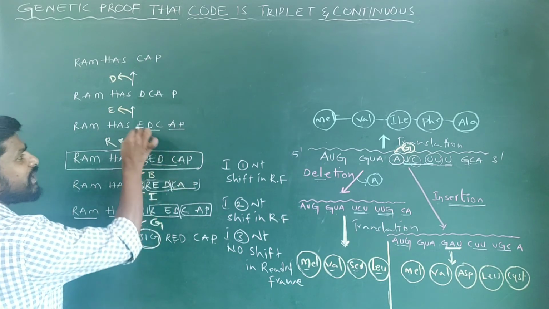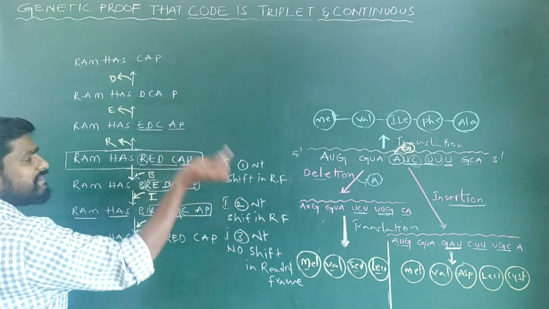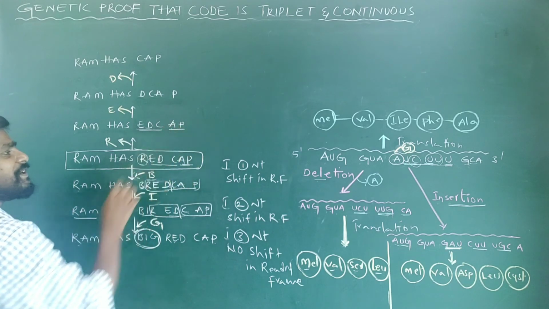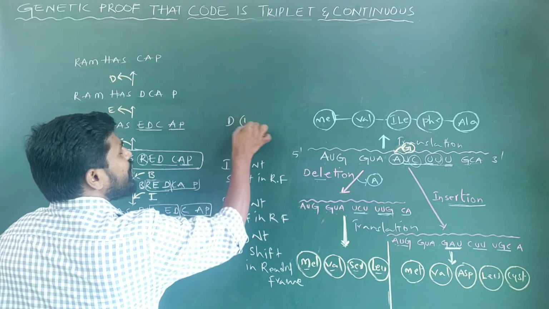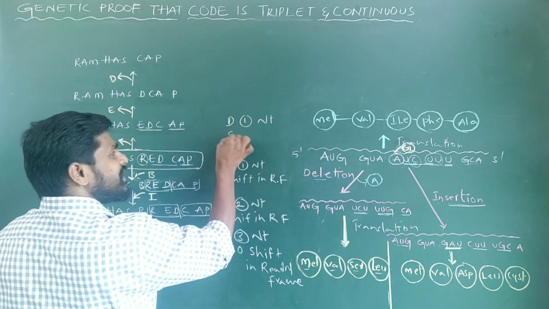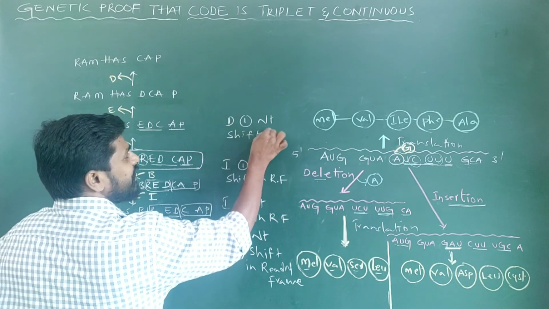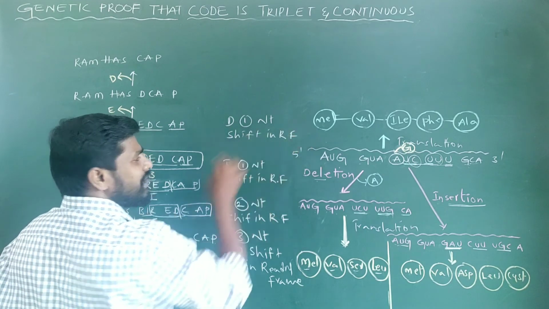ED with the C forms a triplet codon and AP with another nucleotide forms another triplet codon, which means the deletion of one nucleotide resulted in a shift in reading frame.